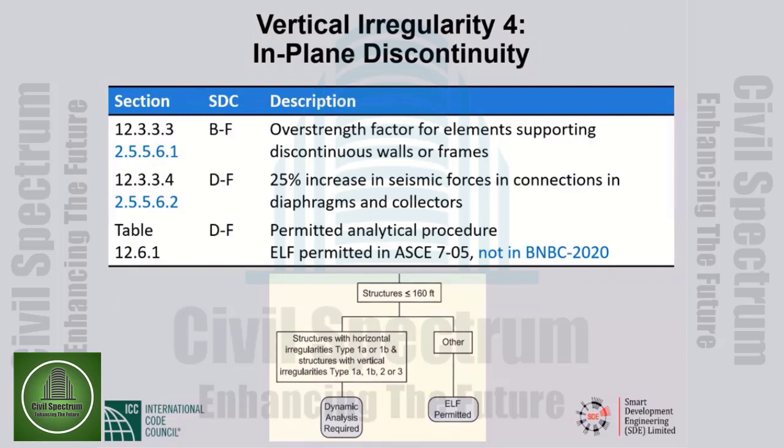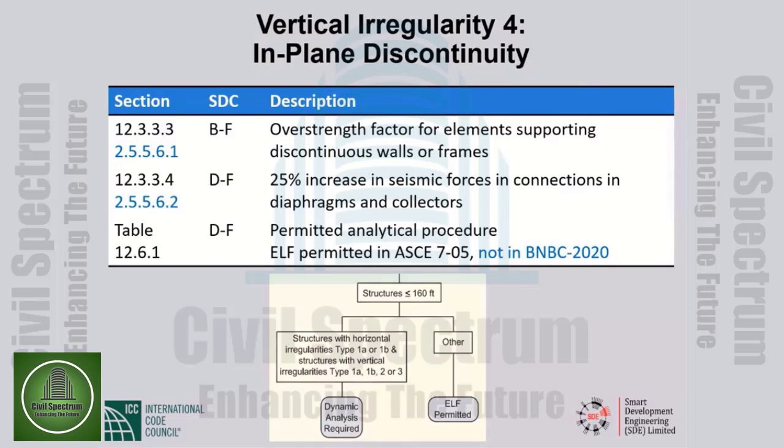If you have type 4 vertical, the structural members supporting the discontinued stiff element have to be designed using load combinations with overstrength factor. Very, very important requirement. Once again, structural members supporting the discontinued shear wall or stiff element have to be designed using load combinations with overstrength factor.